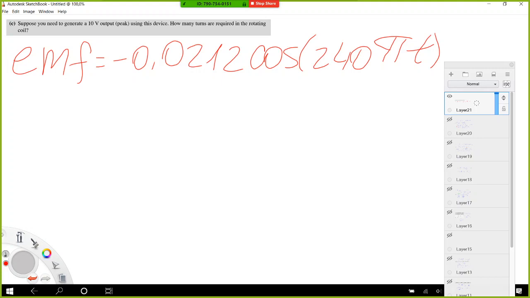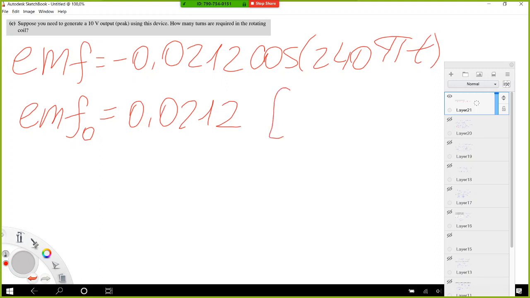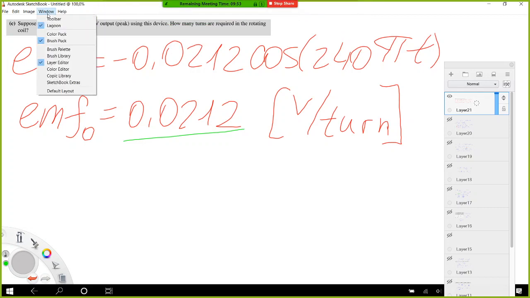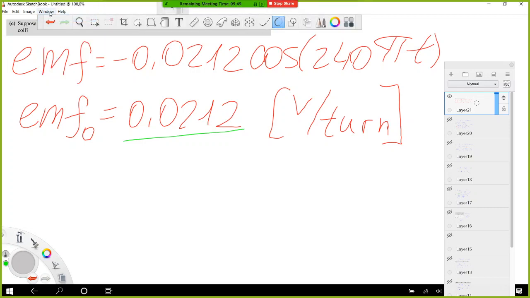The maximum value of electromotive force, or we can say EMF 0, here is equal to 0.0212 volts per turn, which means if you have one turn, the peak value will be this amount, and we need a peak value of 10 volt.